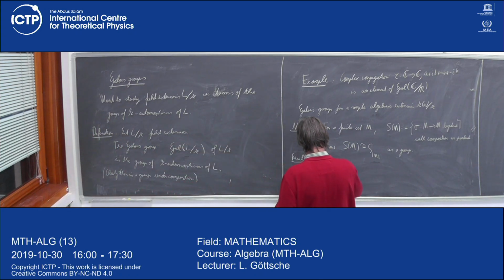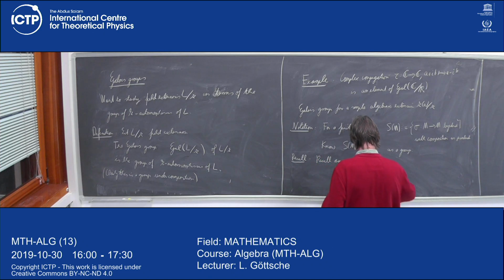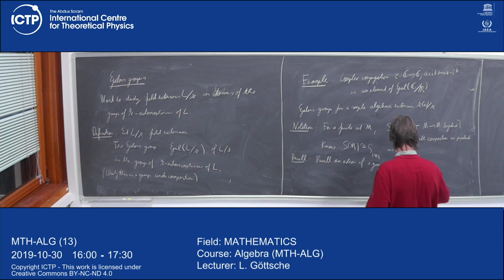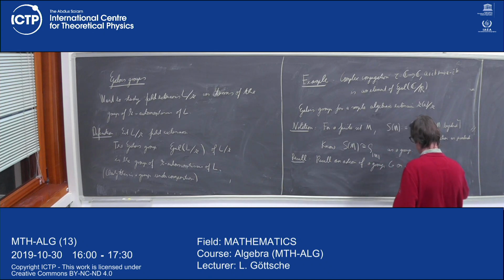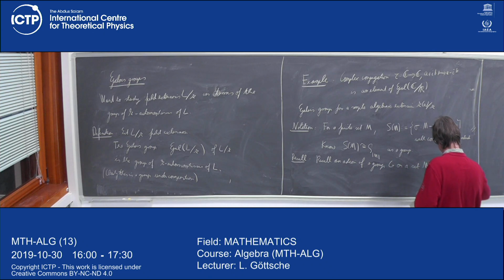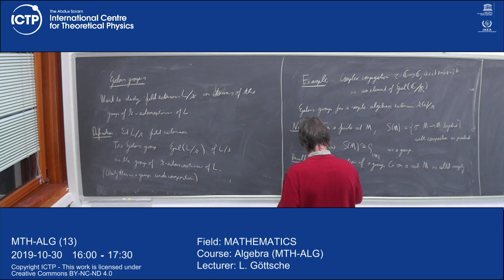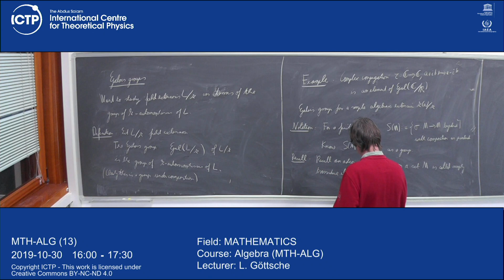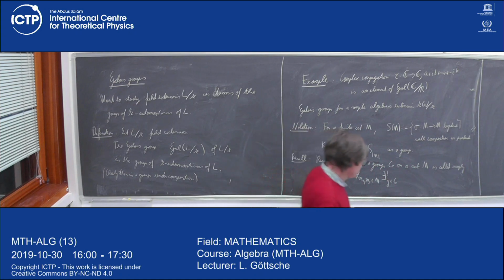So recall, an action of a group G on a set M is called simply transitive if for all elements m1, m2 in M, there is a unique element g in G which sends m1 to m2.